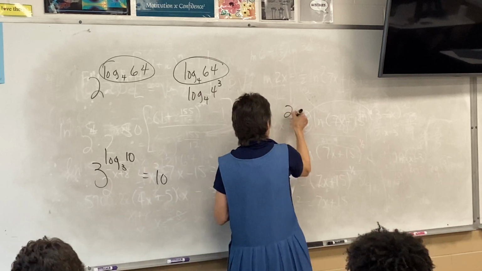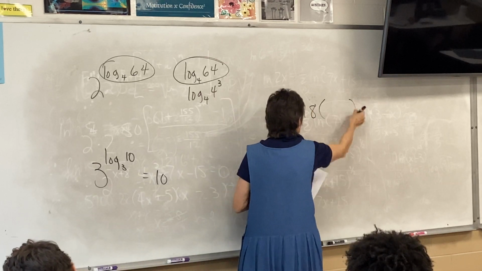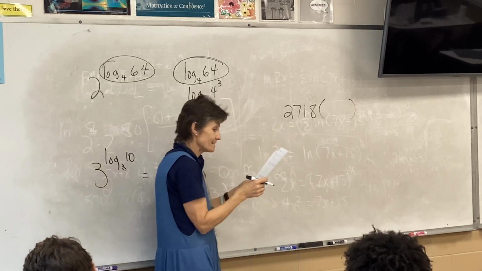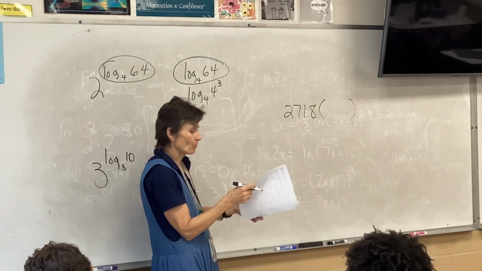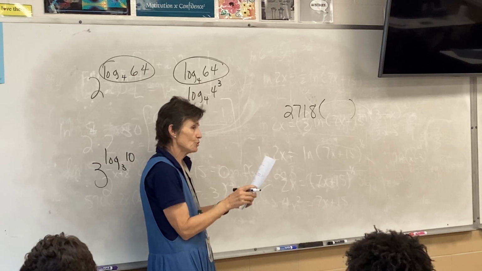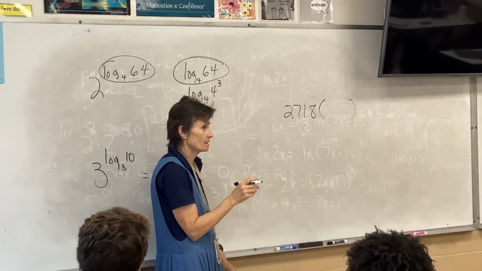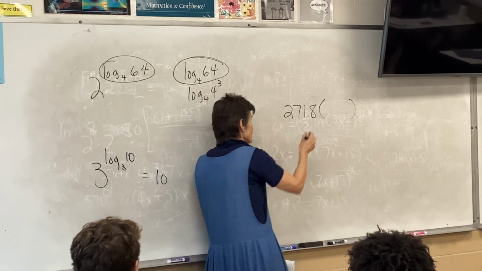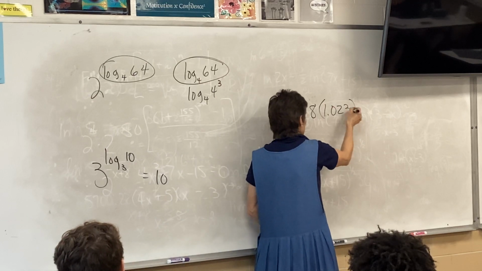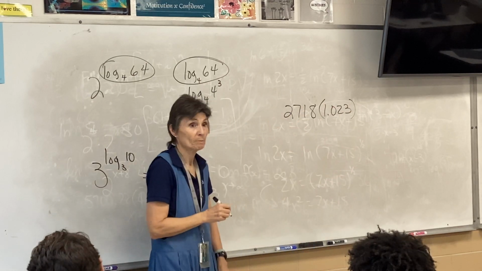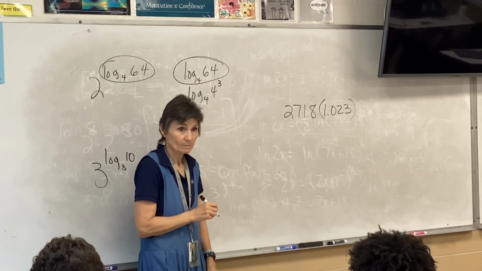So my starting population is 2718. It is increasing at a rate of 2.3%. So that is 1.023. That's what I would multiply by. Right?